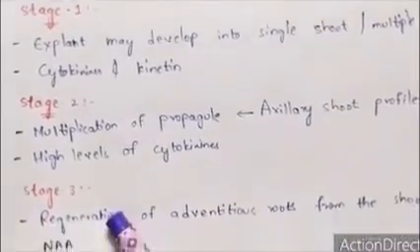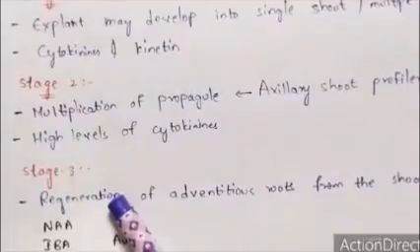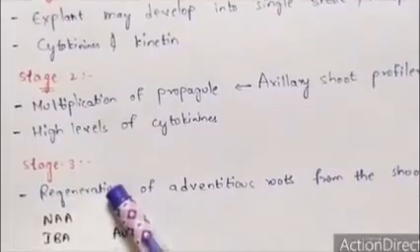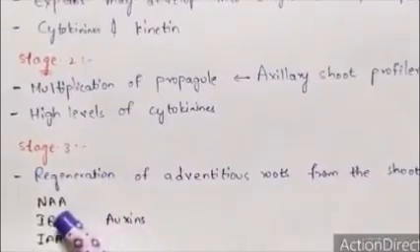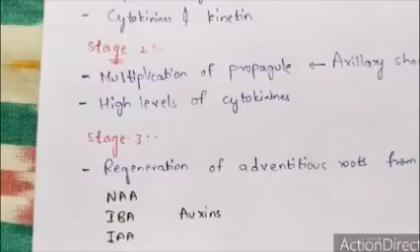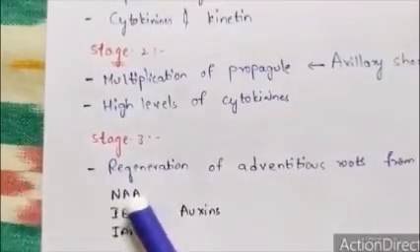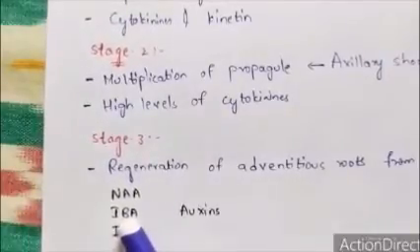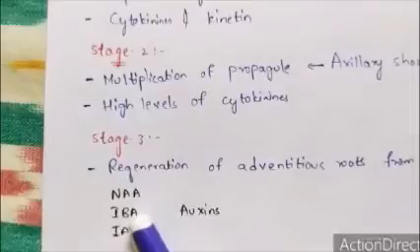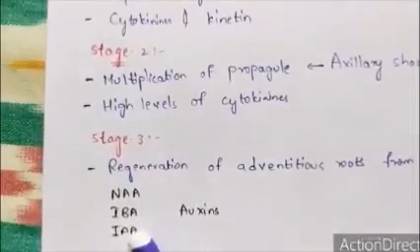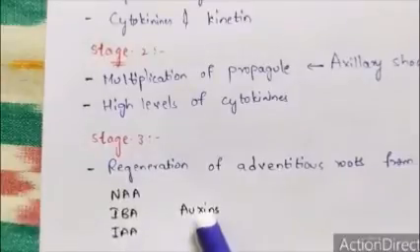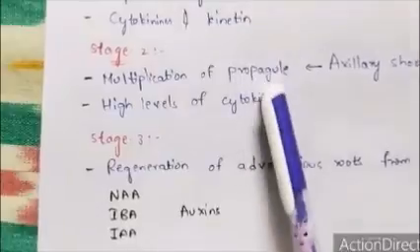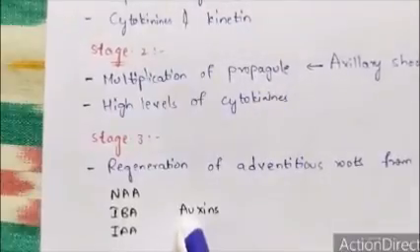And remember, in stage 3, the chemicals which play a major role are NAA, that is naphthalene acetic acid, and indole butyric acid, and IAA, indole acetic acid. And the hormone mainly used in stage 3 is auxins. So both cytokinins will be used, and here auxins will be used.